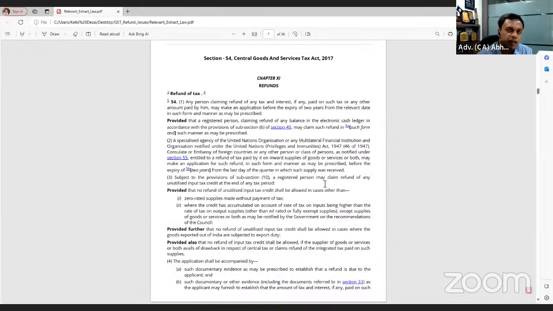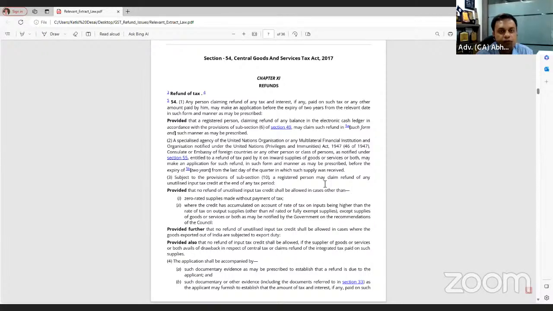Now, to operationalize the refund claims which are arising on account of section 16(3) and 4, which we just saw, the CGST Act also has made certain provisions permitting the refunds in certain cases. So section 54 of the CGST Act deals with refund provisions.